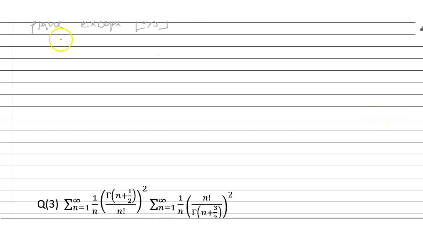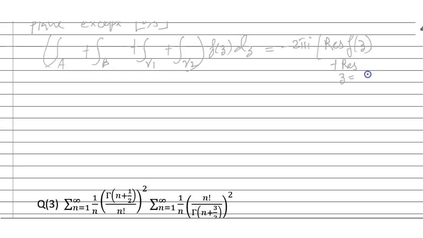So integration A plus integration B plus gamma 1 plus gamma 2, total f(z) dz is equal to minus 2 pi i times the residue of f(z) at infinity plus the residue at z equals minus 1 of f(z).